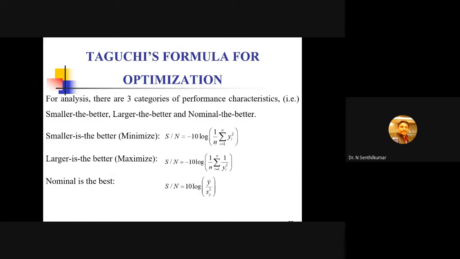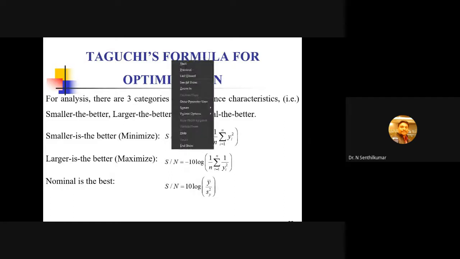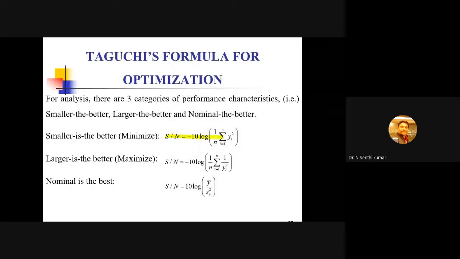For smaller is better, we have this formula. The S by N, signal to noise ratio, is negative 10 log of 1 by n, where n is the number of replications and y is the output, the individual outputs that I have to sum.